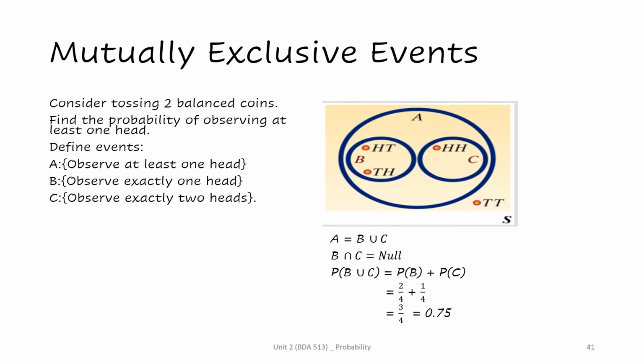Because B and C do not touch, if you want to find the probability of B union C, you just add the probability of B and the probability of C. There is no intersection here. Once there's no intersection, just find the probability for each one and then add them.